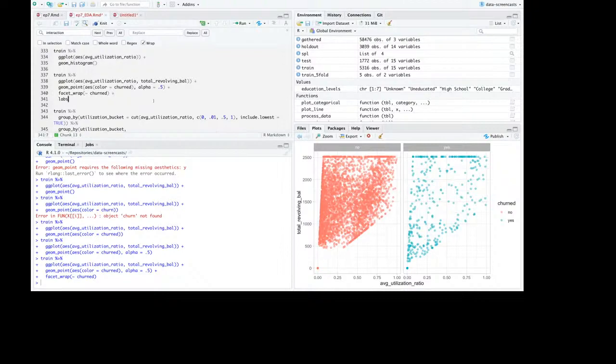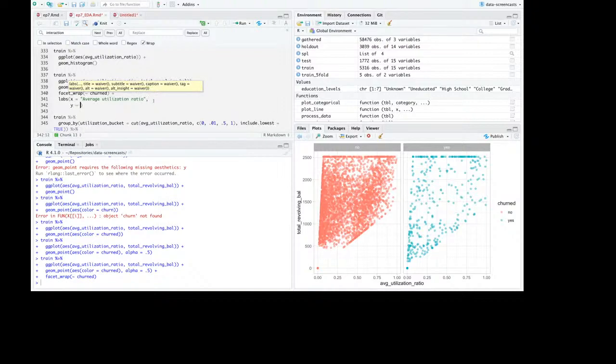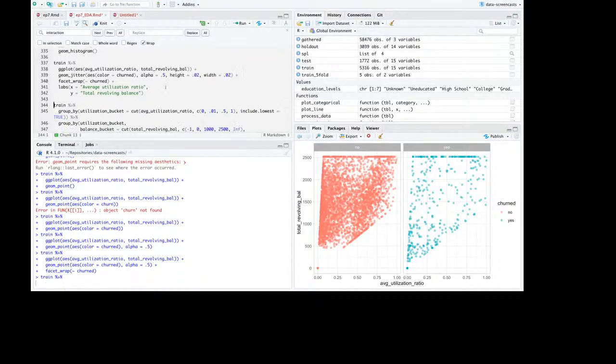Well, it's interesting. And let me add a little bit of jitter, height equals 0.02, width 0.02.